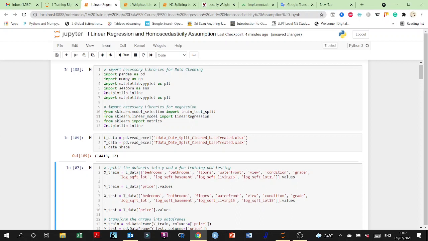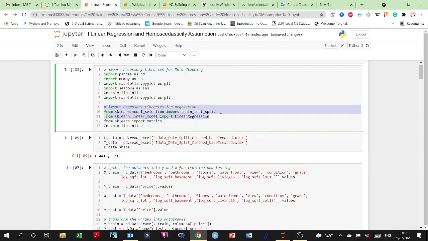Actually for this semester I was going to give you two ways of showing how to get the linear regression model. There are two libraries here: the sklearn model selection and sklearn linear model, and there's also the StatModels.